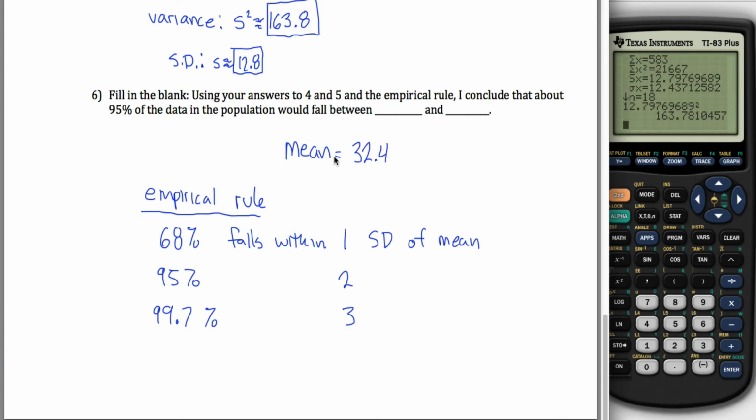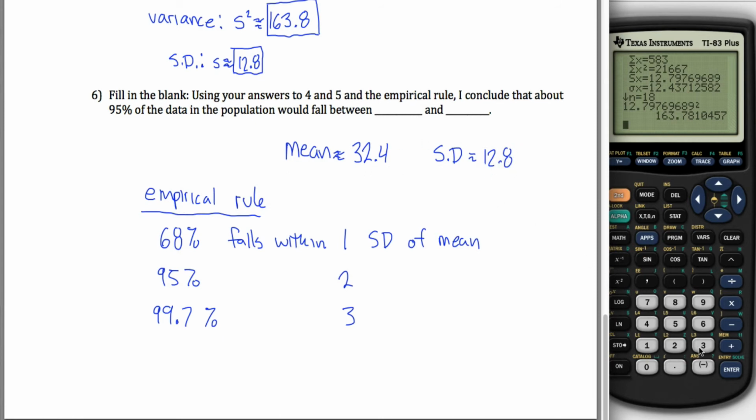I'm going to round everything to 1 decimal place. And a standard deviation of 12.8. So what the empirical rule tells me is that 95% of the data will be somewhere from 2 of these 12.8s less than 32.4 to 2 of these 12.8s above 32.4.